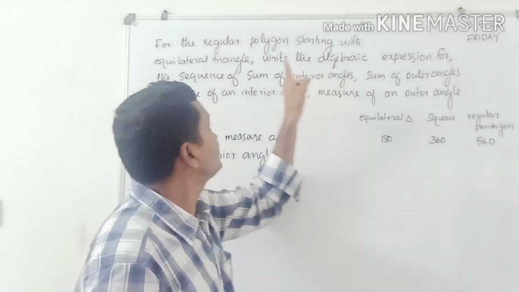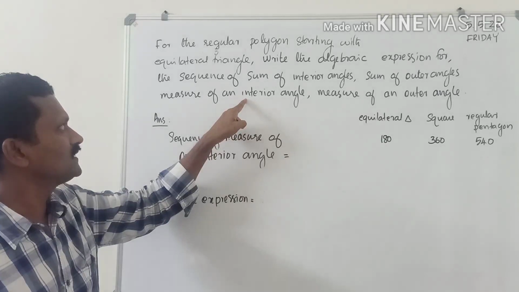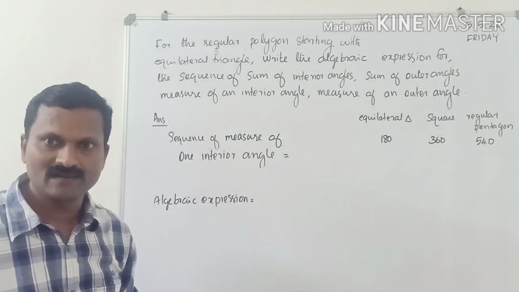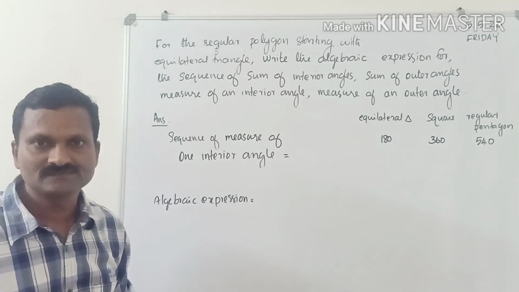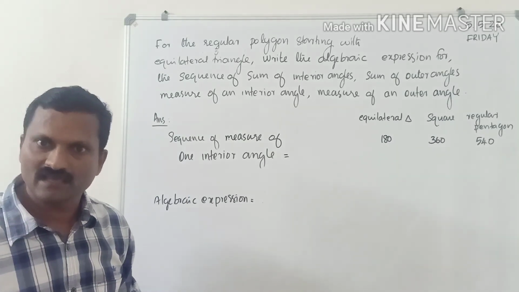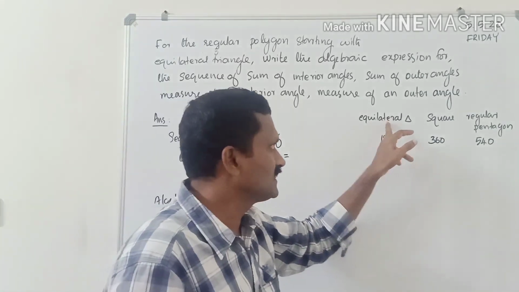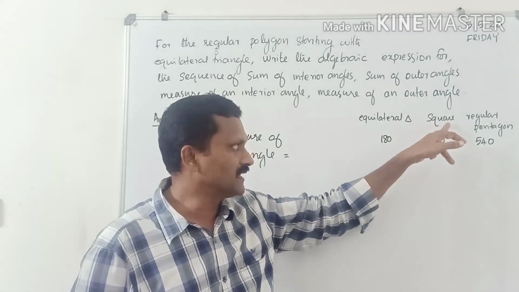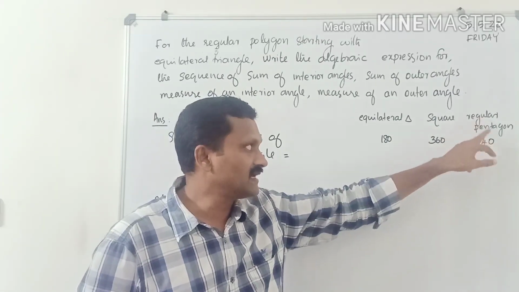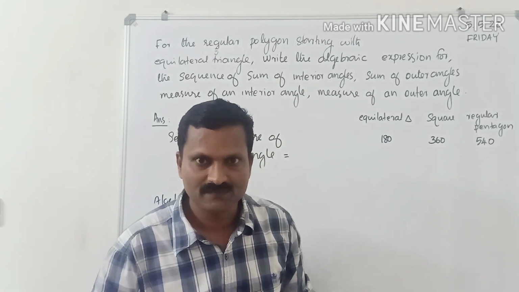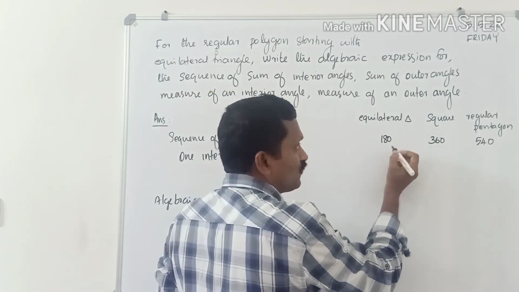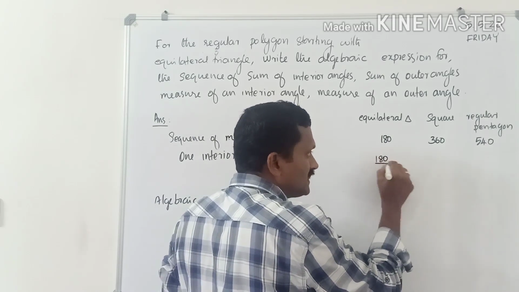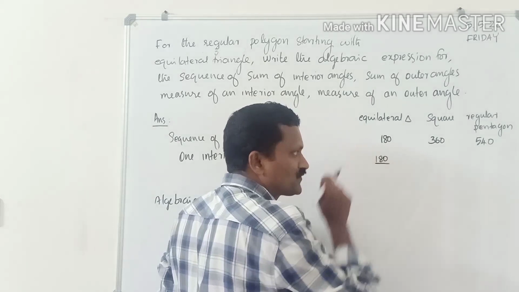Next, we have to find the sequence of measures of an interior angle. Here the polygon is regular. In regular polygon, each interior angles are equal. Also we know that the sum of interior angles of triangle is 180, that of square is 360 and pentagon is 540. So one interior angle of equilateral triangle is 180 divided by number of sides.